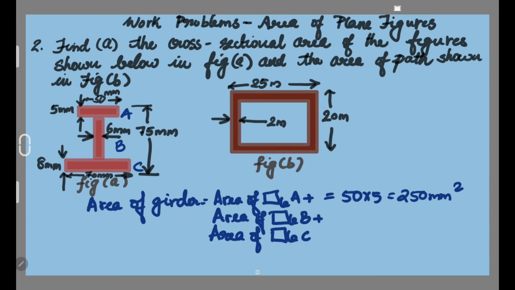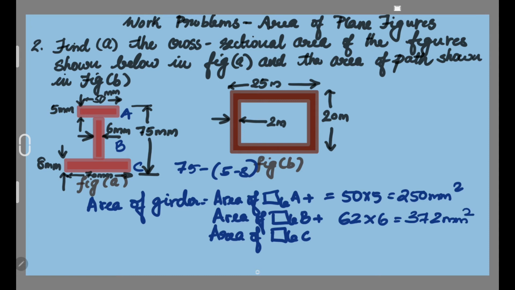If you minus the width of rectangle A and the width of rectangle C, you will get the length of the rectangle B. Let's find it out. 75 minus the width of rectangle A, that is minus 5, and also you have to minus the length of rectangle C, that is minus 8, which will give you 62. 62 times the width, 6. So 62 into 6 is 372 millimeter square.